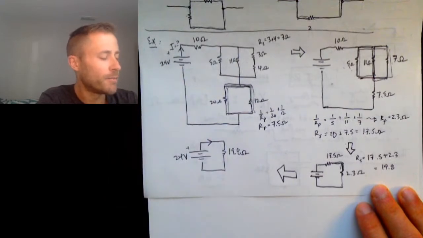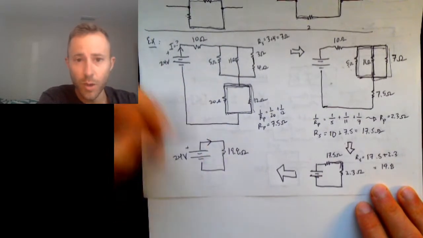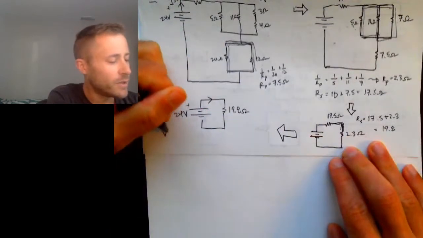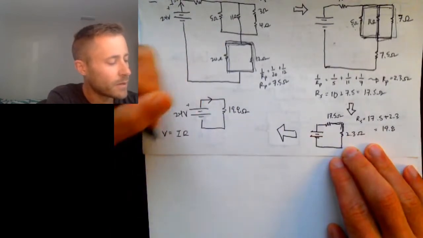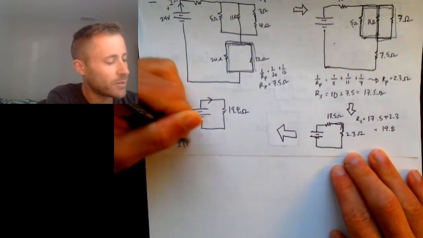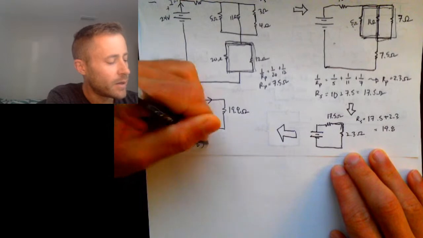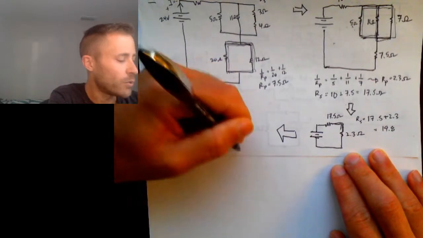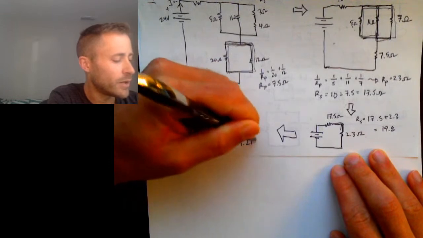So then once you've got it to one resistor, you use Ohm's Law, V equals IR. So 24 equals I times 19.8. And that tells us that the amount of current that will flow is 1.21 amps.